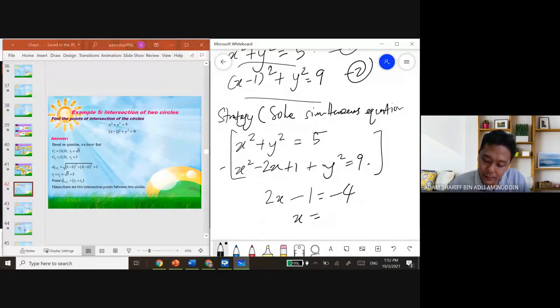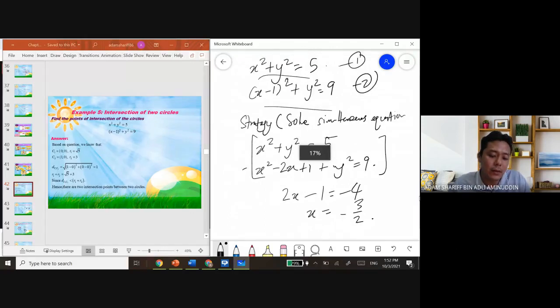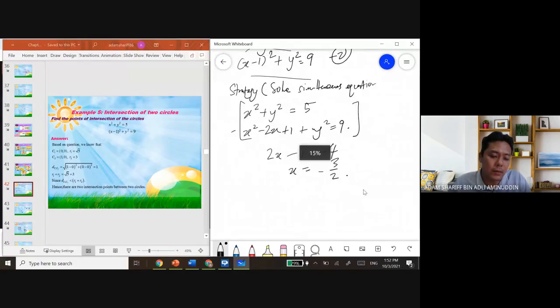Betul ni. Saya kira on the spot ni. Saya kena double check juga. Negative 4 plus 1 bahagi 2. I got my x negative 3 over 2. Oh, okay. Negative 3 over 2. Tapi sepatutnya kita dapat dua nilai kan?